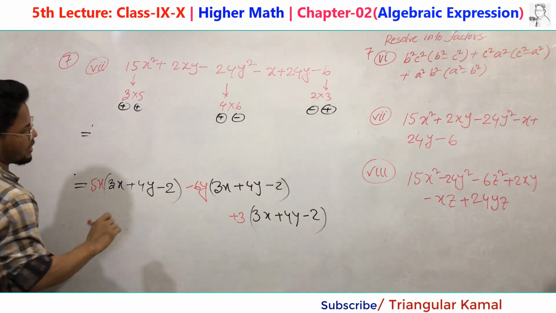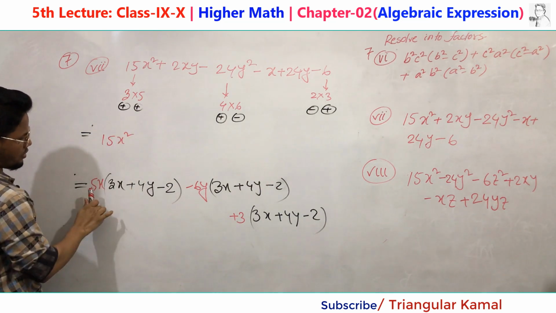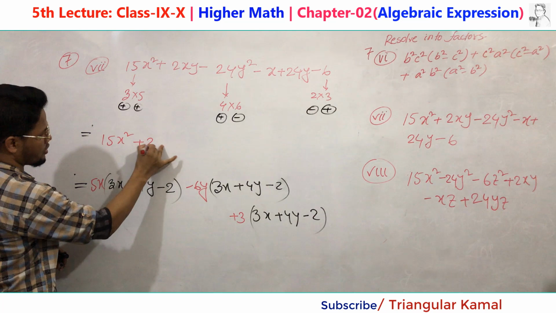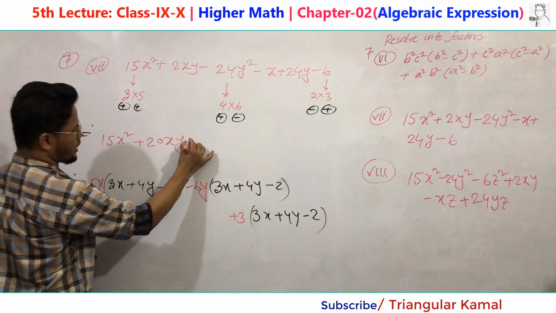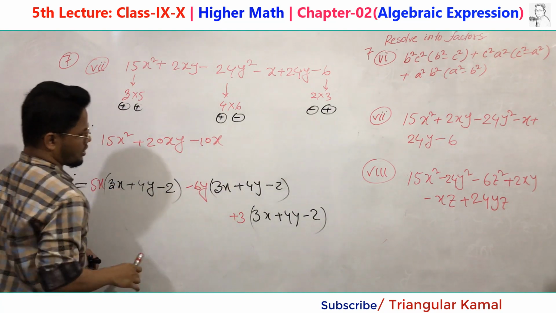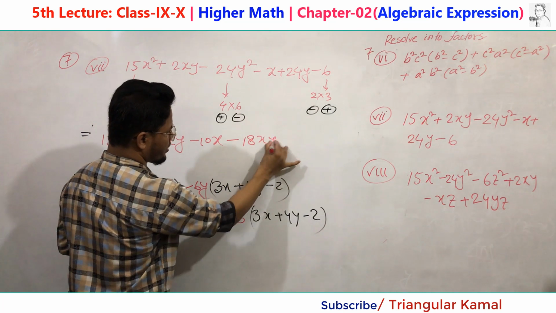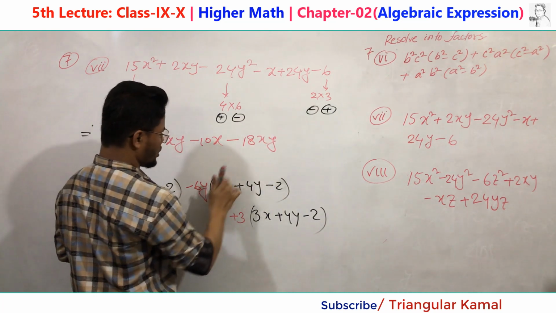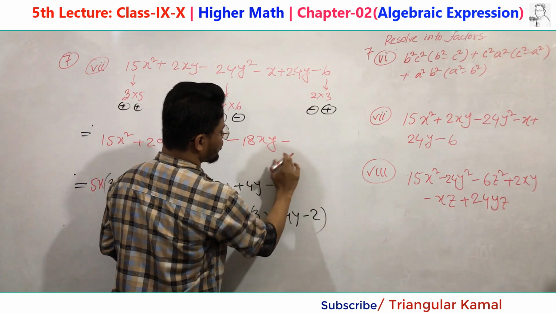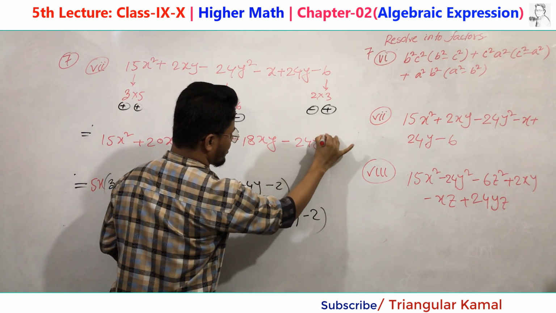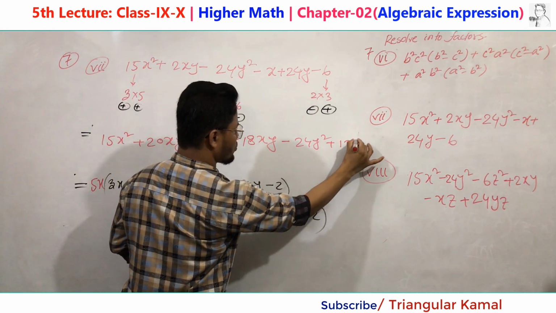Now do simple multiplication here. 15x square, 5 times 4 is 20xy, 5 times 2 is 10x, and 18xy, 24y square, sorry, this one will be 24y square, plus 12y.